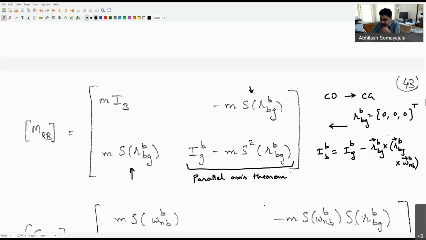And I think there was a confusion that some of you asked me why the minus sign here.